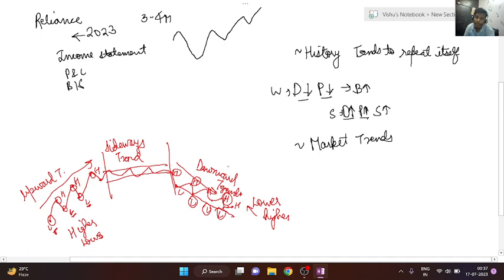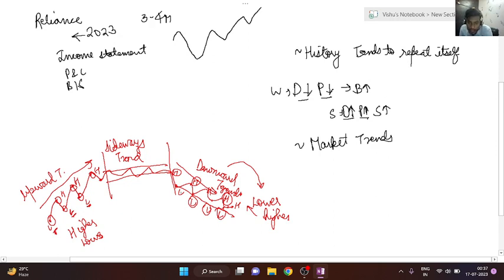So in downward trends, you see highs, but they are lower highs, and in an upward trend there are lows, but they are higher lows. At every segment of the part that we are looking at, if you see, this is low, but this low is higher than this low.